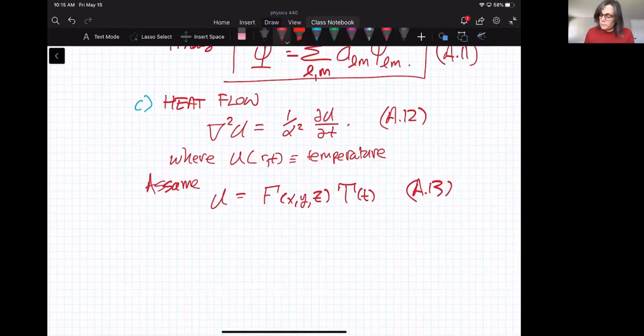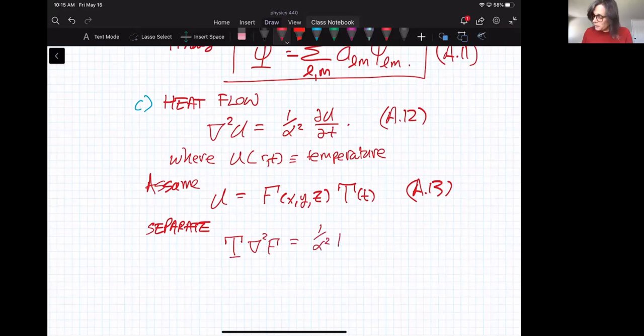And then if we move ahead, and again, we're still looking at Cartesian forms of this, we have our capital T times del squared F is equal to 1 over alpha squared F times just the single derivative with respect to time.